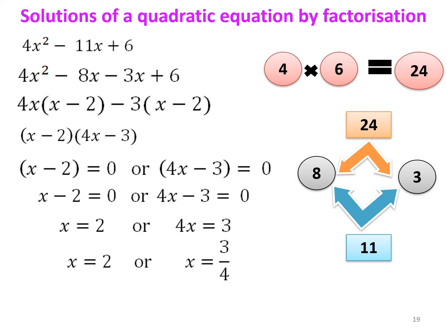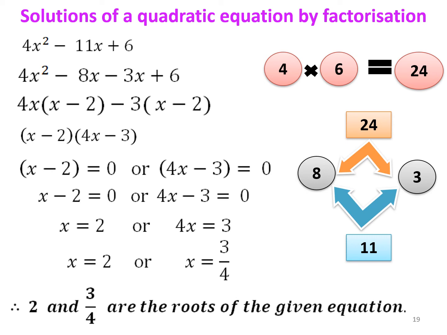So on solving by factorization method, I get the two values for x. x can be either 2 or 3 upon 4. So 2 and 3 upon 4 are the roots of the given quadratic equation.